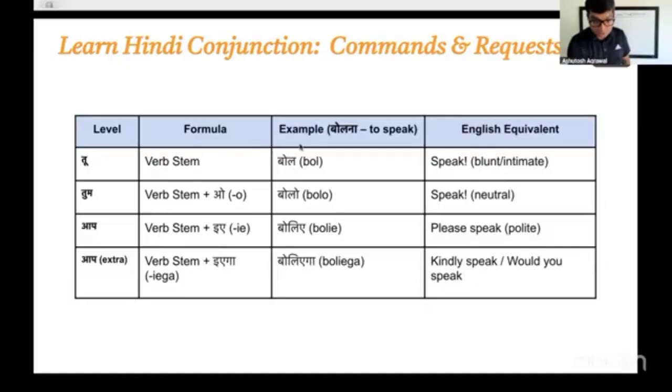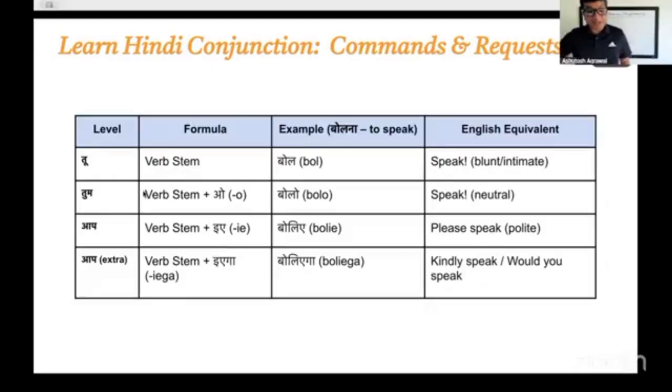Second one: as you know, you is also known as tum. What you do here, you take the base stem of the word and at the end you put o. In this case, bol becomes bolo. Together it will be tum bolo. It's a neutral tone, tum bolo. For example, if I'm talking to my wife, we give each other the tum word, and this works out well for us.